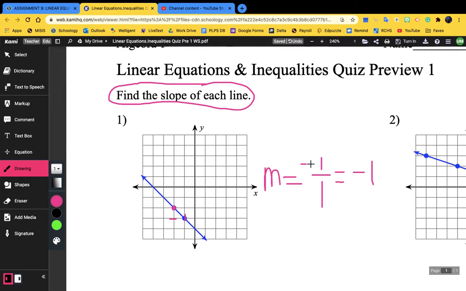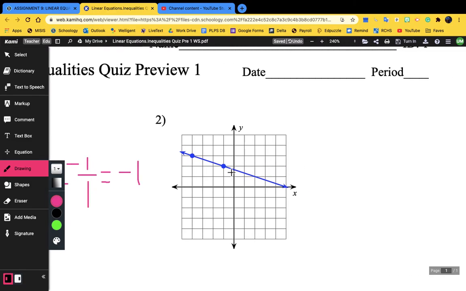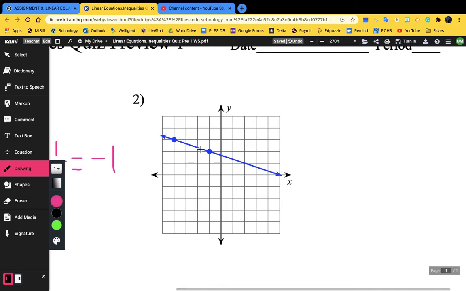Definitely get a question like this in the quiz, right? Number 2, again, same type of question, right? Let me make my first point here pink, so I know what to do here. I want to get from my pink point to my blue point, right? So I'm going to go down 1.